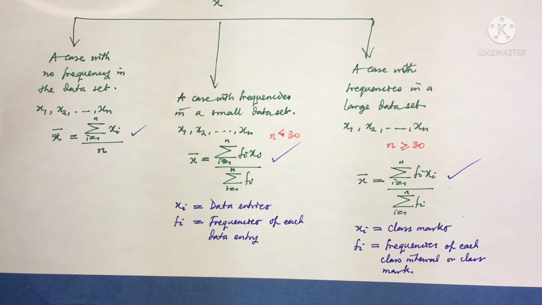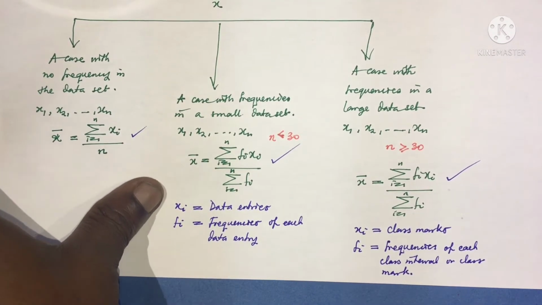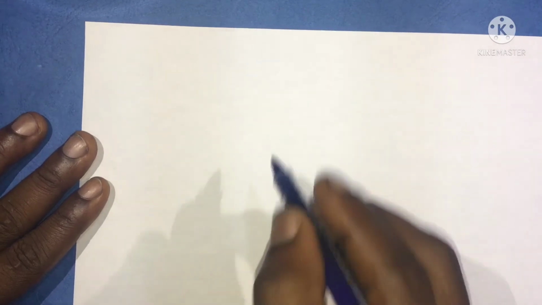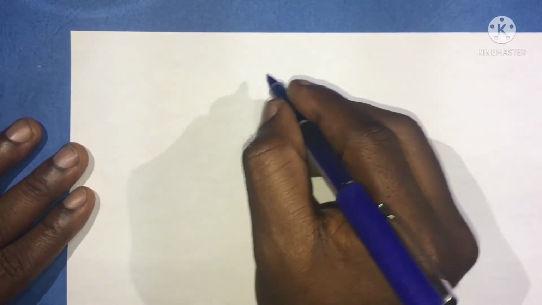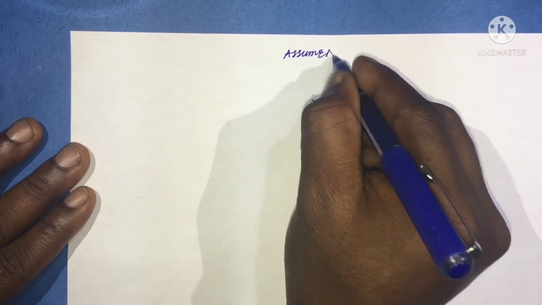So what are we to do in this part 2 video on measures of central tendency? I want to explain other ways to obtain the arithmetic mean. The first method we are going to look at is called the assumed mean method.